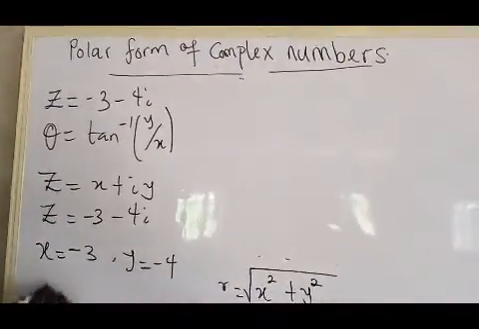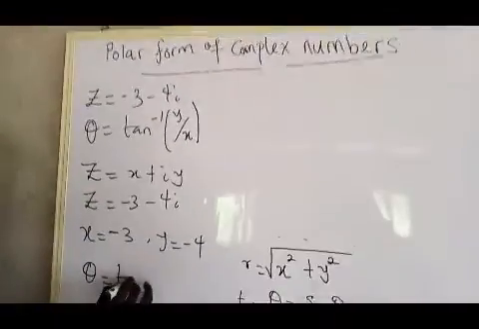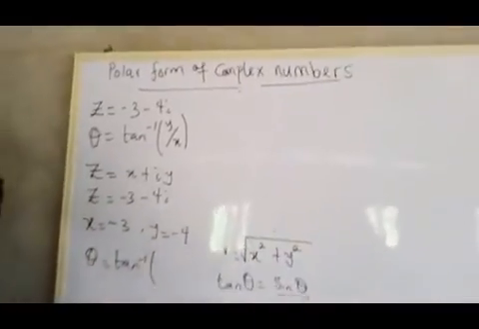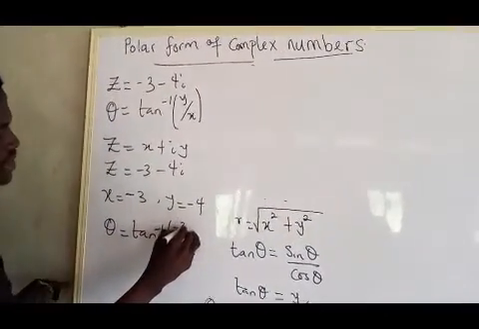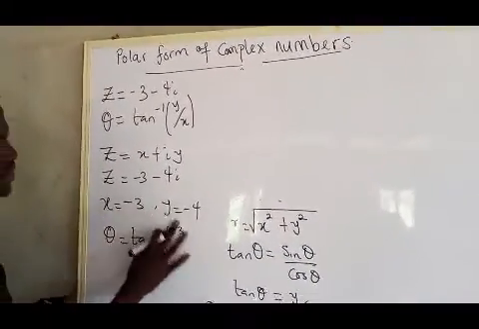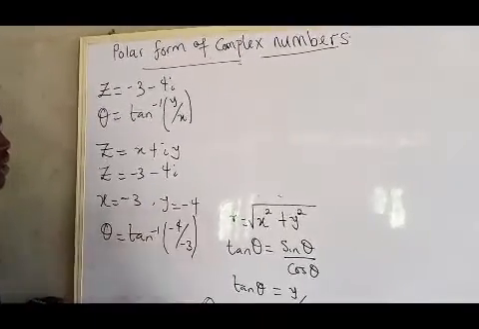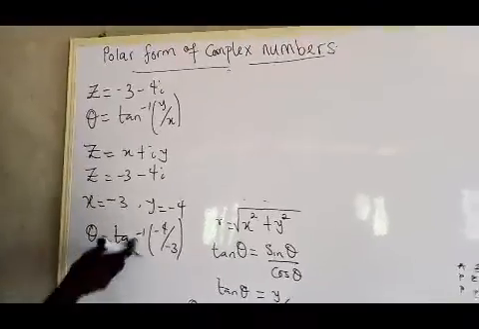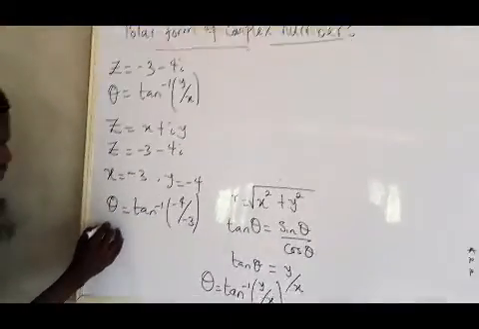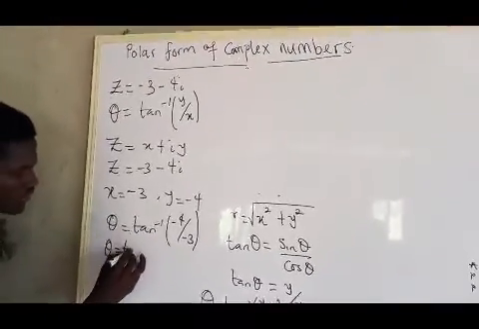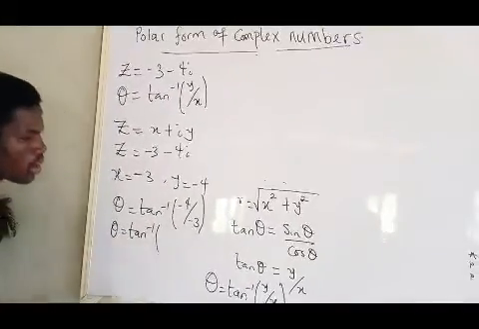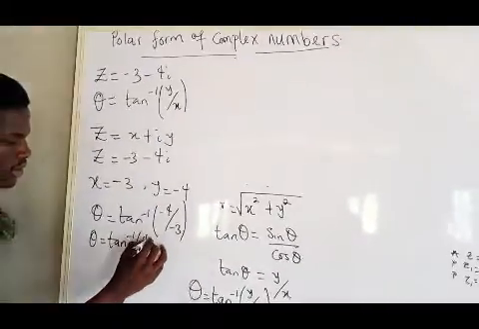So that means your theta will be tan inverse of minus 4 over minus 3, right? So now that will be theta equals tan inverse of 4 over 3.